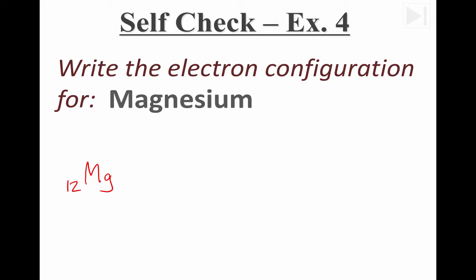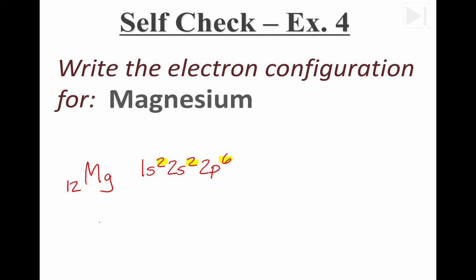And this time, instead of drawing boxes and filling in arrows, I'm going to simply write 1s2, 2s2, 2p6. Remember, these numbers I'm writing in superscript up here tell how many electrons there are. So I've represented 10 electrons so far. There are still 2 electrons that remain. I wonder where those electrons will end up.